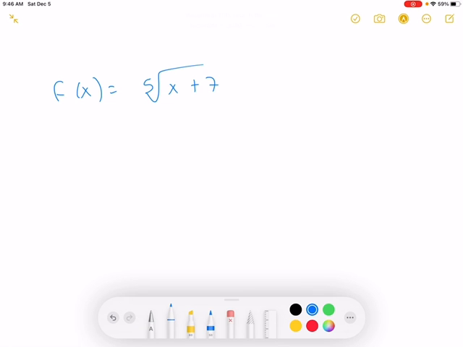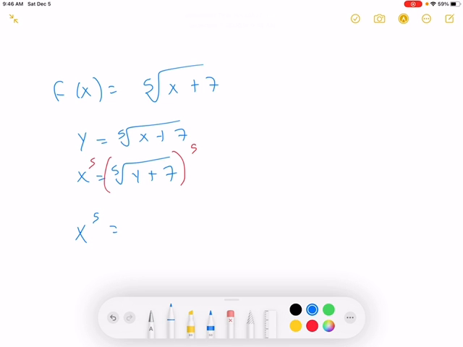When we find the inverse, we're going to replace this with y. It's just easier. I'm going to interchange variables. I'm going to solve for the other variable. To get rid of the fifth root, I raise it to the fifth power.